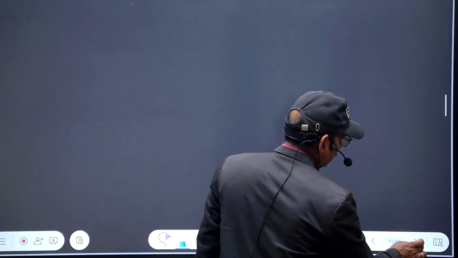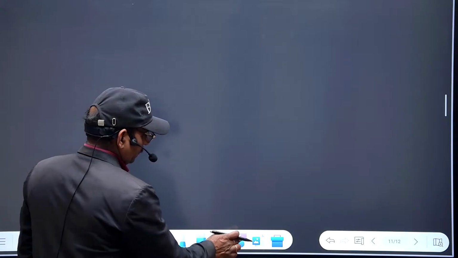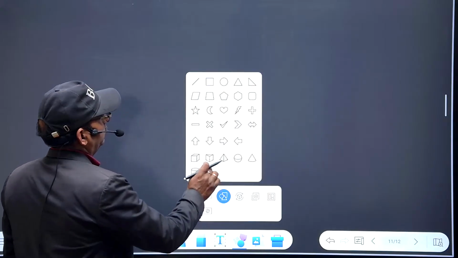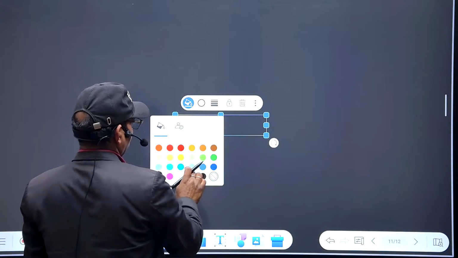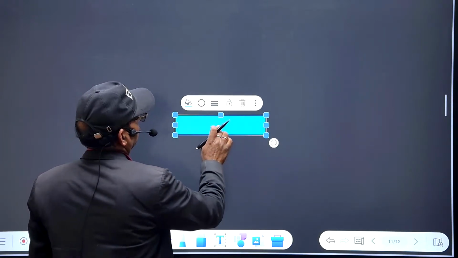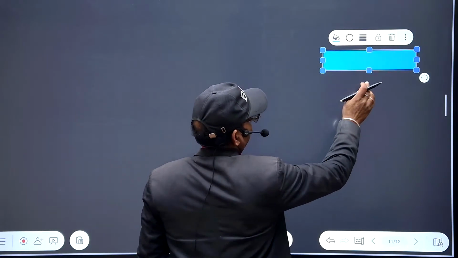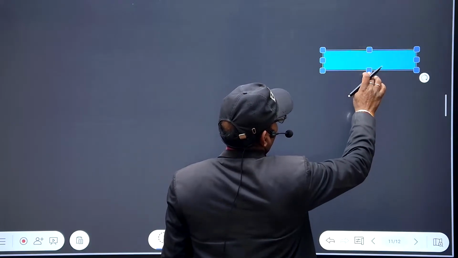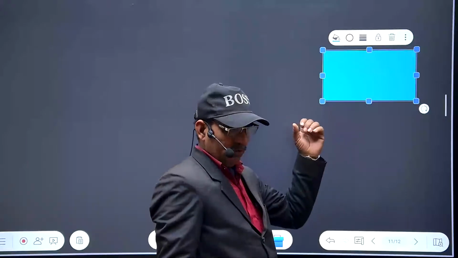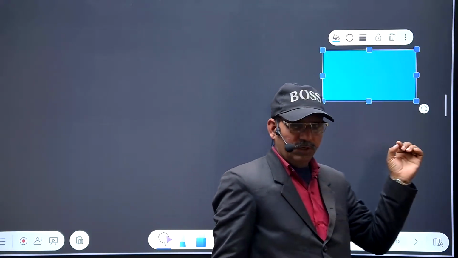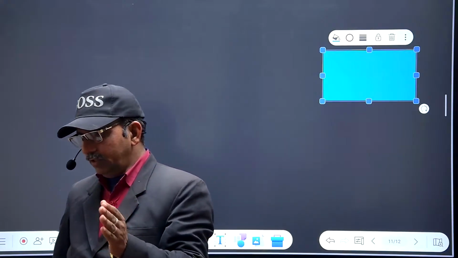Now, for a rectangle, you can find out the perimeter if length and width are given.